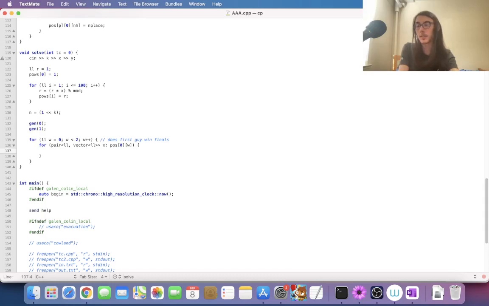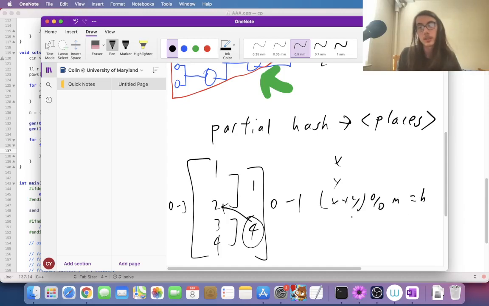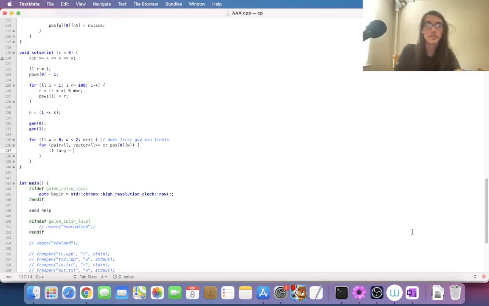Then we're going to look at the target. So the target is the number. So we have x, we need y such that x plus y mod m is equal to h. Right, so really we want y is equal to h minus x mod m.